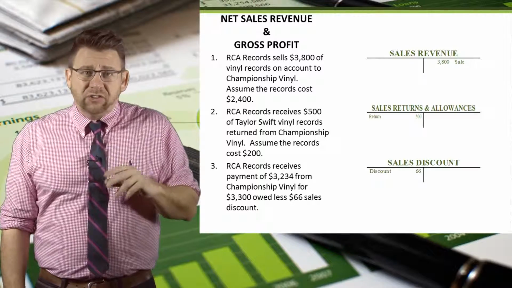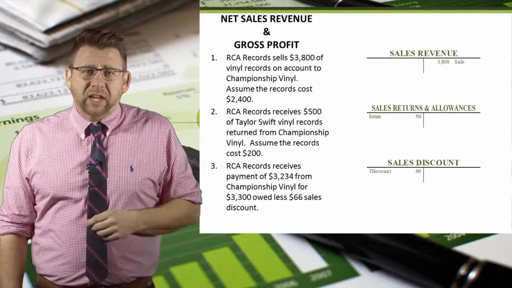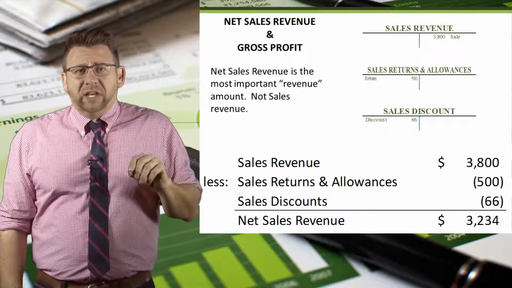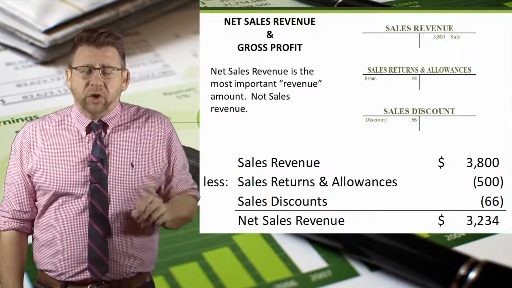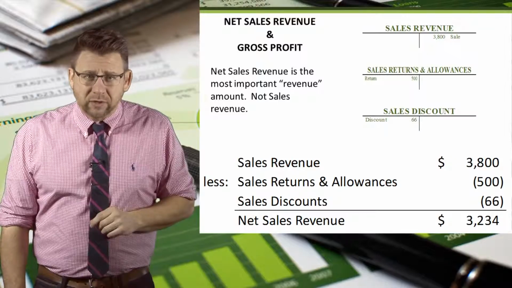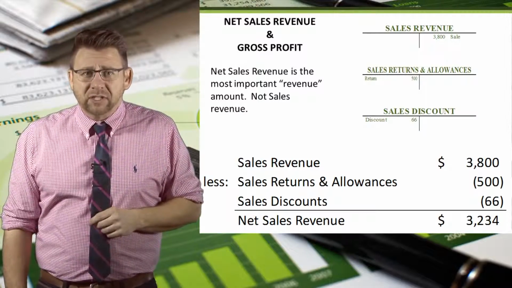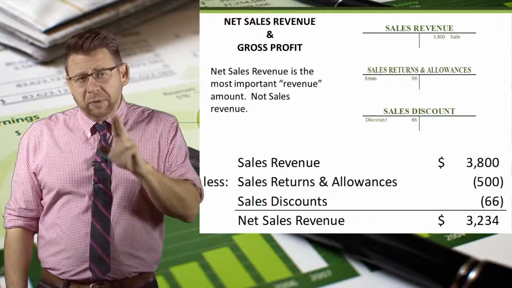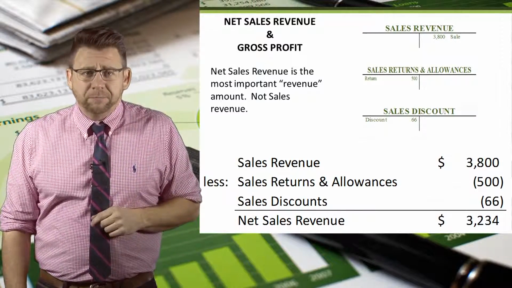Otherwise, the calculations are the same regardless of the source of the data. Net sales revenue is calculated as sales revenue minus sales returns and allowances minus sales discount. It is the most important revenue figure because it is the most meaningful to investors and creditors.